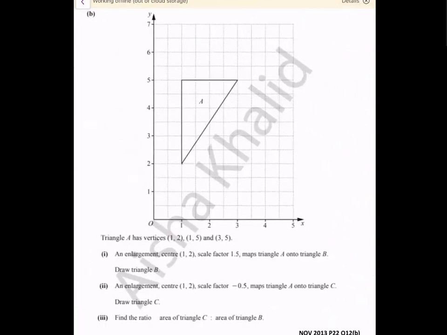Enlargement with center 1, 2 and scale factor 1.5 maps A onto P. So this point will remain 0, 0. This is 4, 6, and then 0, 6. When you multiply this by 1.5, 6 into 1.5 gives you 9. So 0, 9, 6, 9, 9, and then this is also going to be 9.